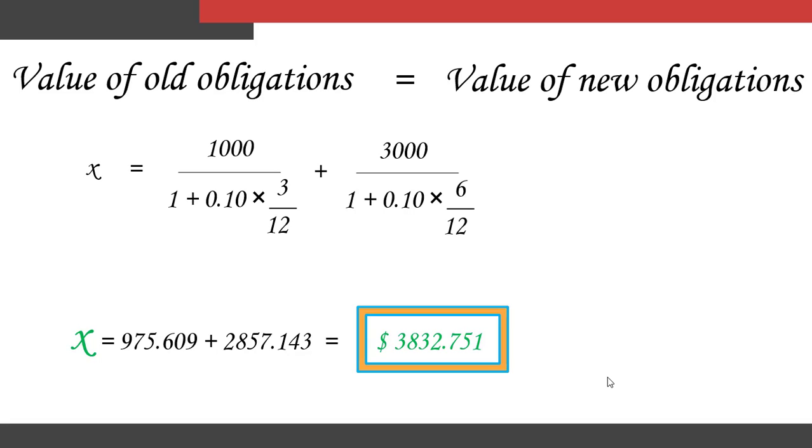Or can I say all the obligations equal to new obligations at focal date? Why? Because when I get all the obligations at focal date, I get the value of all the obligations. And the same for the new obligations. When I get new obligations at focal date, I get the value of new obligations.